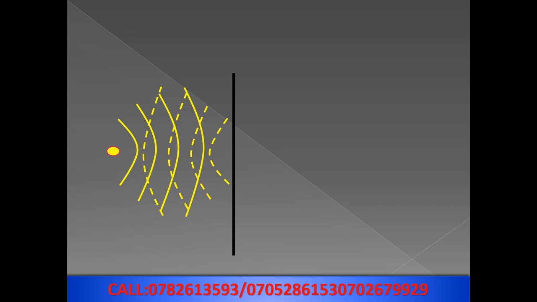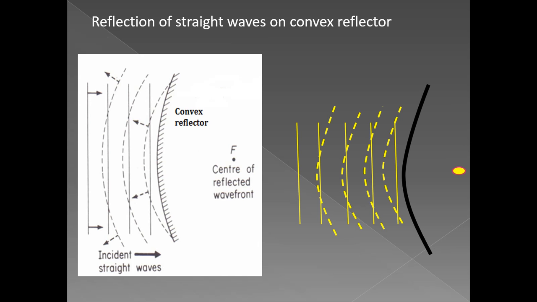How about a convex reflector? If we have a convex reflector like this one here, then the straight waves will come and be reflected back like that.